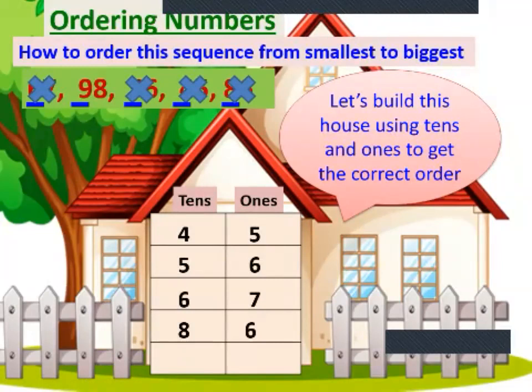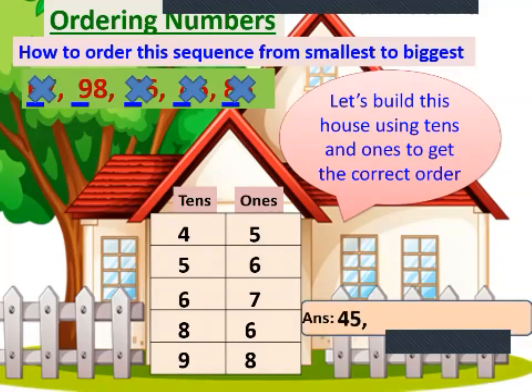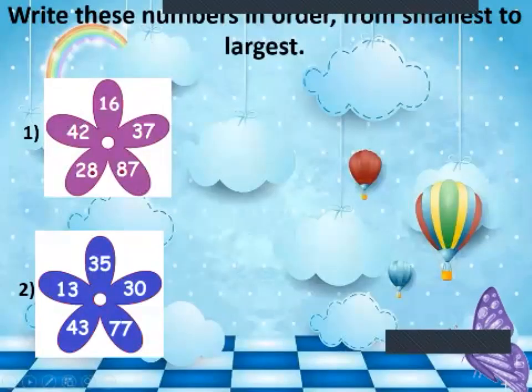The number 86, and the last one is 9 tens and 8 ones. It's 98. So the answer is 45, 56, 67, 86, 98. Is it clear? Yes. Now write these numbers in order from smallest to largest. You're writing these numbers from smallest to largest.